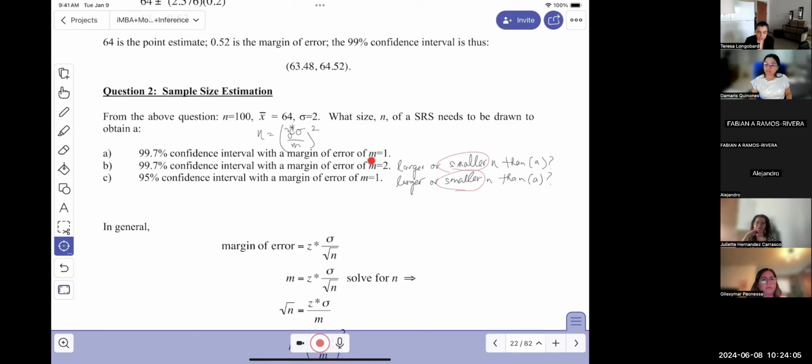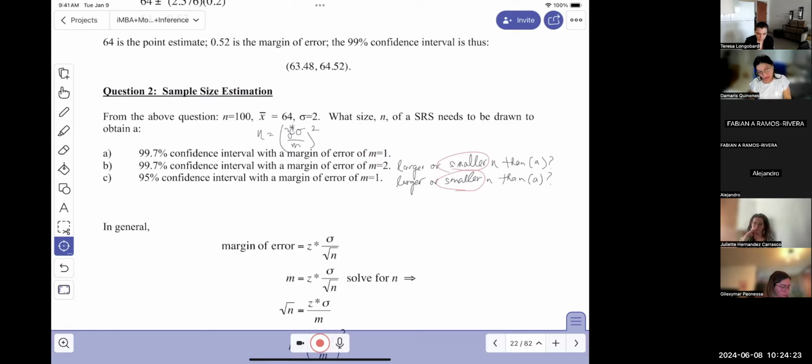A will estimate a larger sample size because you want more precision, right? The relationship is inverse. The more precision, the greater the sample size. So this is smaller, then the n has to be bigger. Very good.